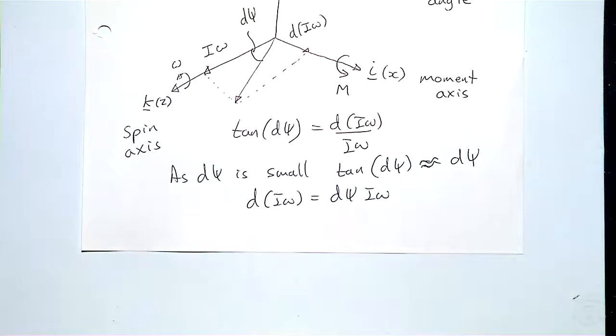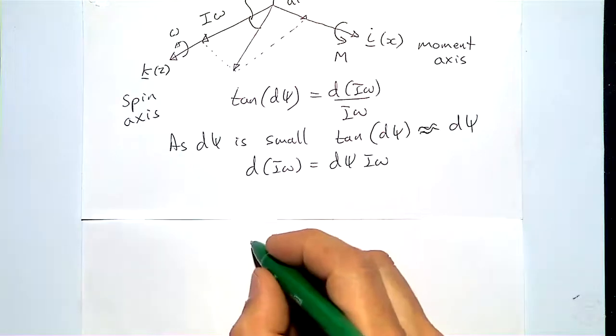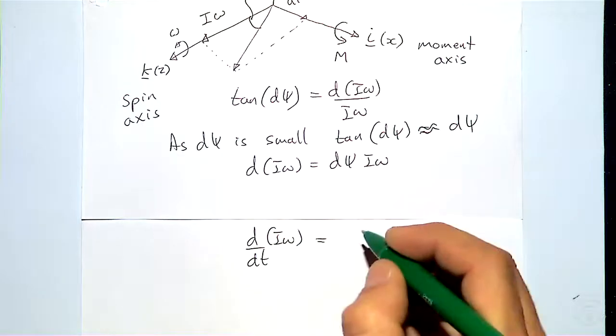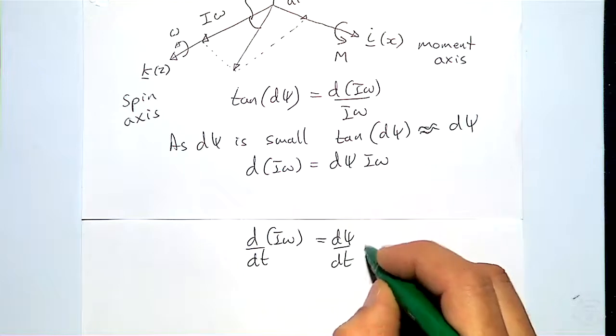And if we divide both sides by dt, we get d by dt of I omega is equal to d psi by dt I omega.